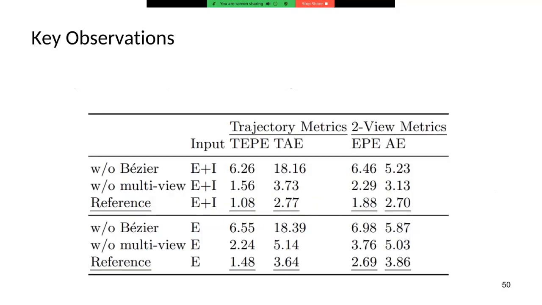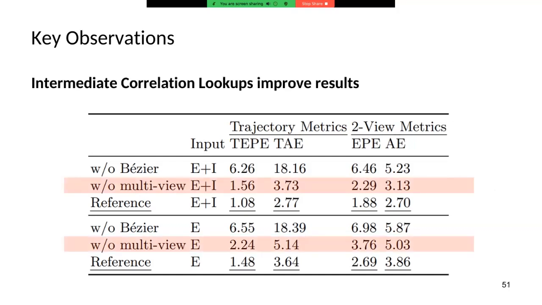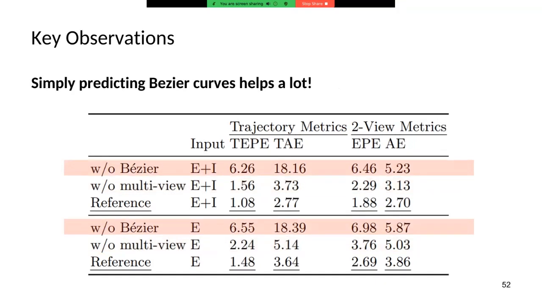And I also did several ablation studies here. And one of them is, I think it's relatively obvious, but it's that intermediate correlation lookup helps to improve the results. So this basically validates that it makes sense to have these multiple feature extractions in time and to build these correlation volumes. But what surprised me the most is that simply predicting Bezier curves helps a lot. So if you just predict basically the displacement from your reference time to your target time for optical flow, this is much worse than predicting the Bezier curves.